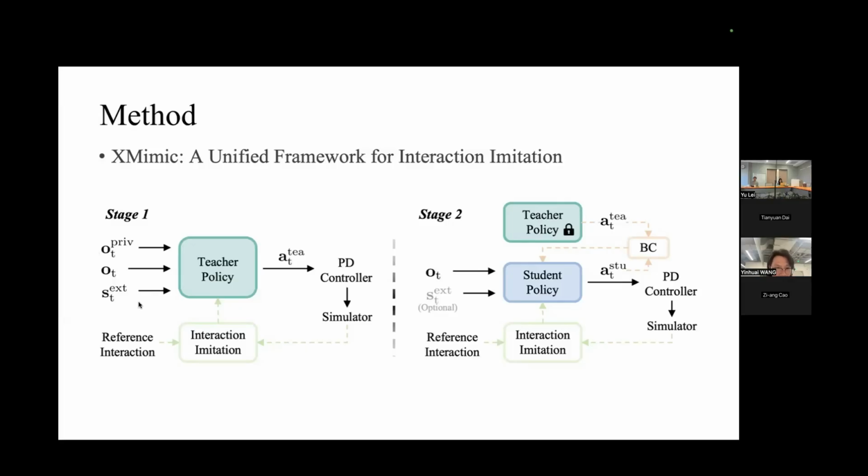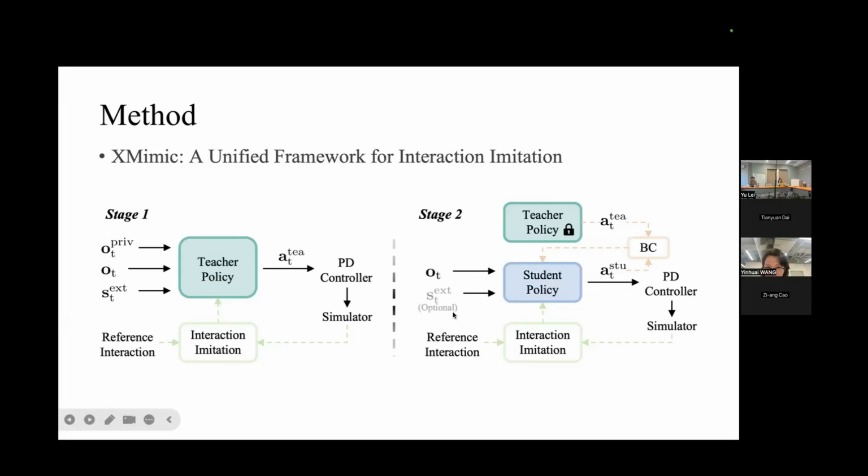The training is quite simple. All we use is an interaction imitation reward with some regularization terms. We do not need any task-specific reward, so all of the skills use the same imitation reward. When the teacher policy is trained, we can use DAgger and reinforcement learning to train the student policy. The student policy does not need the privileged observation such as the tracking target.